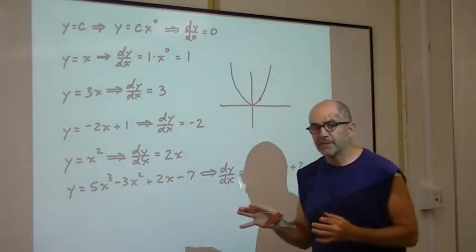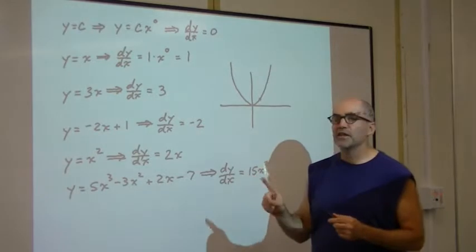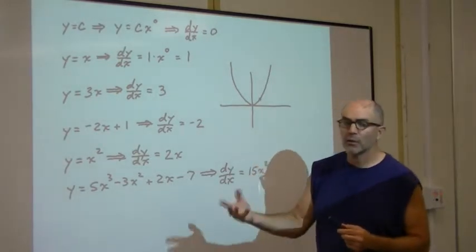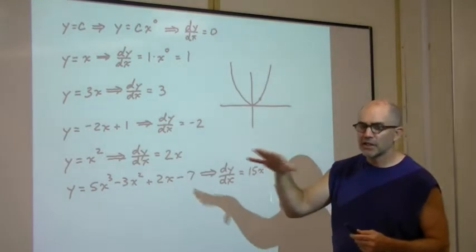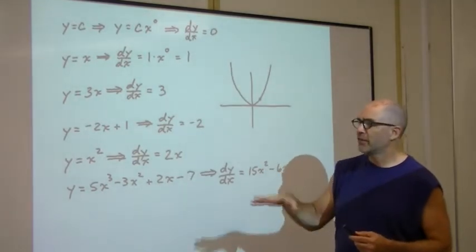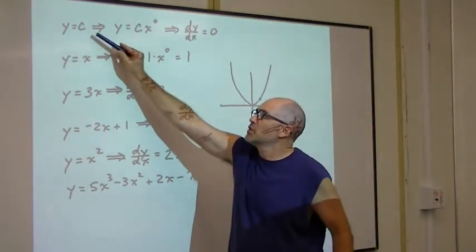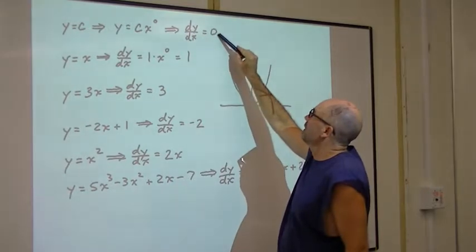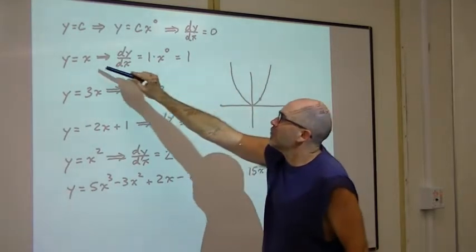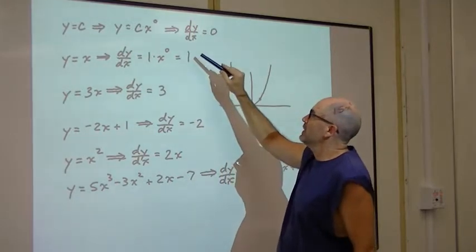Now notice one more thing. We've talked about this before too. The derivative is always going to be 1 degree less than the original function. Remember when we were graphing functions and their derivatives, the derivative is always 1 degree less. Well, if I have a constant, which is degree 0, then my derivative is 0. If I have y equals x, which is degree 1, then my derivative is a constant.